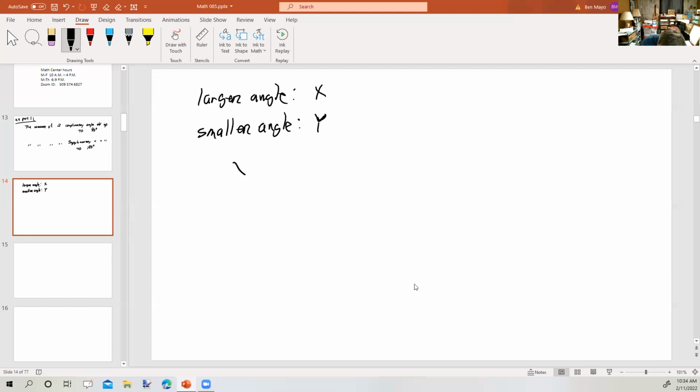That means that X plus Y equals 90 degrees. The larger angle is 4 times the measure of the smaller angle, so X equals 4Y. And there's your 2 equations.